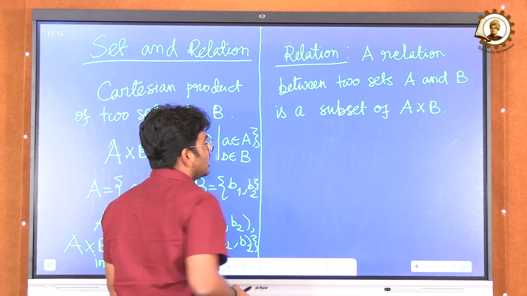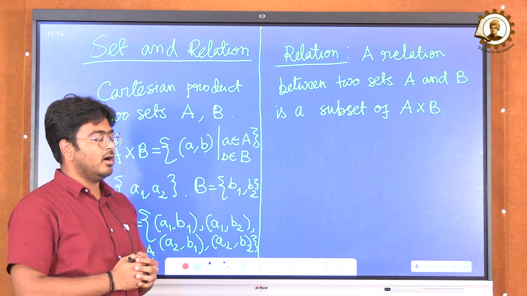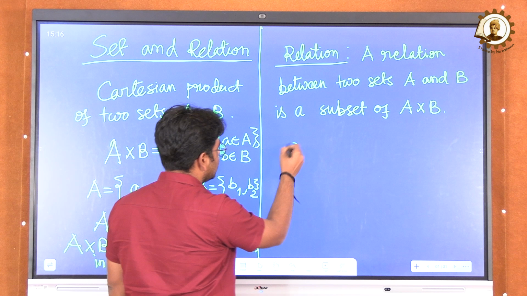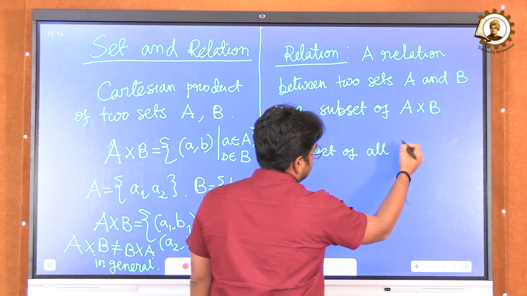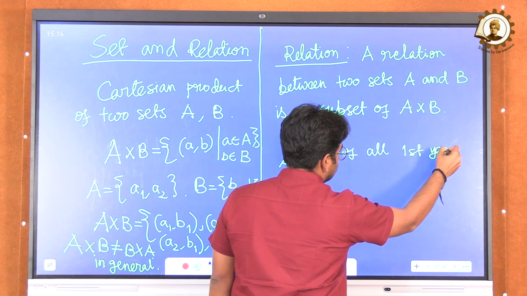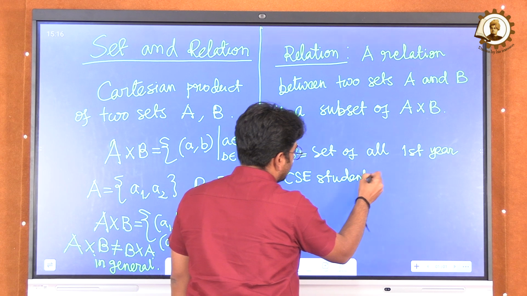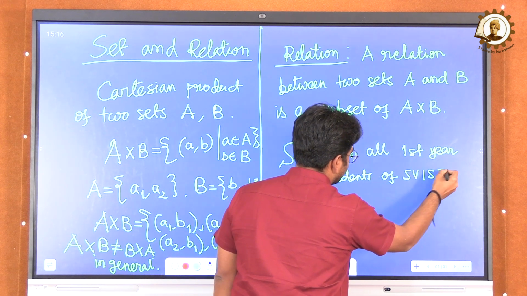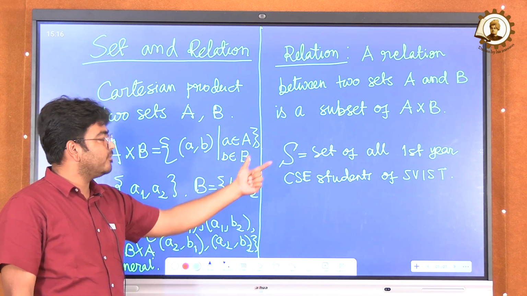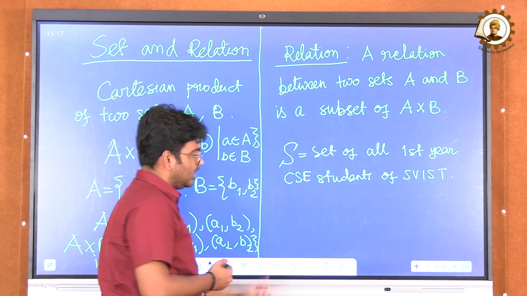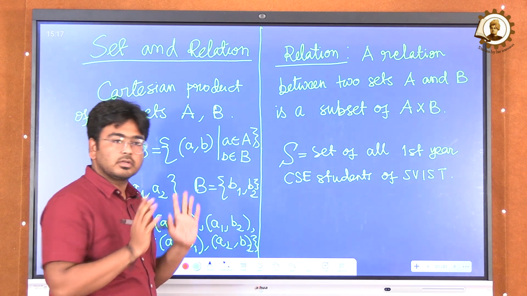Suppose I want to collect data on the heights of a particular group of students. Let S be the set of all first year CSC students of SBIST. How will I write that data in a particular way such that everyone can understand?